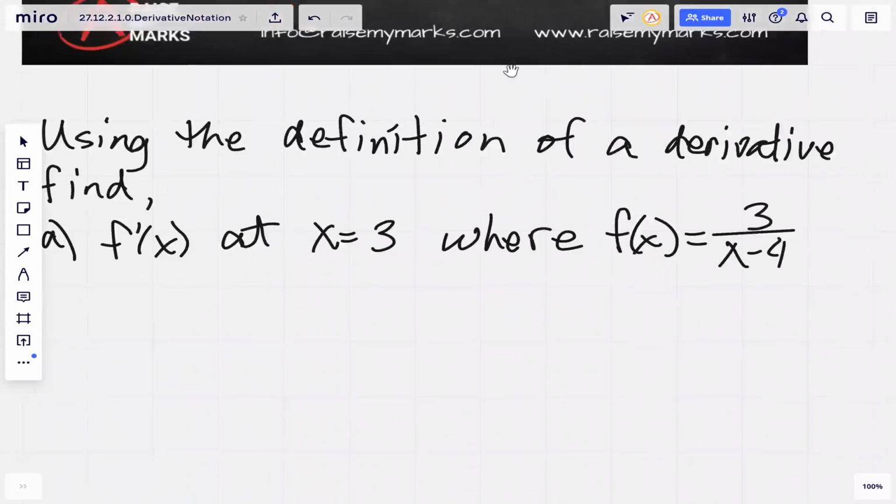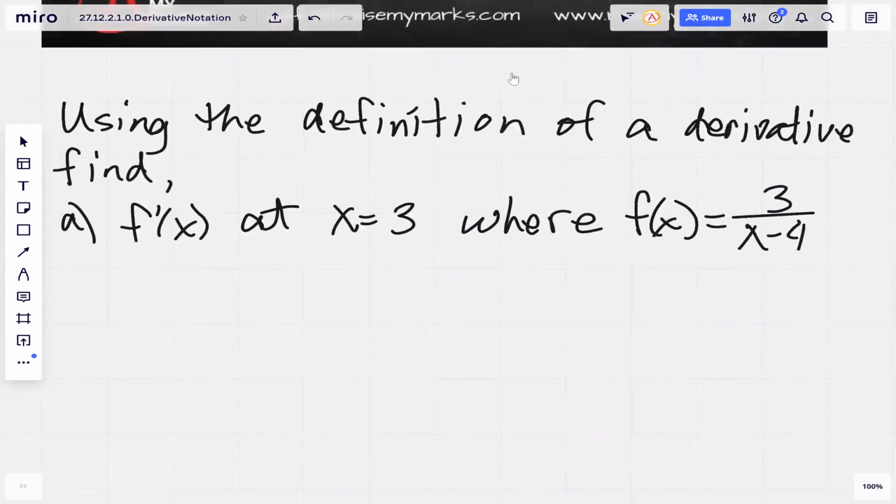So using the definition of a derivative, we're looking for f prime at x equals 3, where our function f of x is given by 3 over x minus 4. So for f prime, we're going to use the definition. Let's change this to 3.